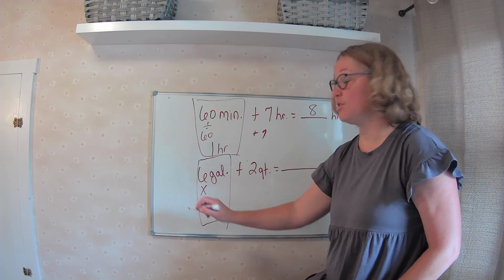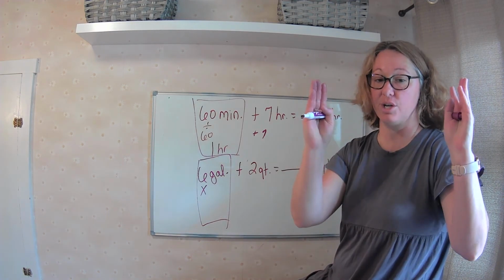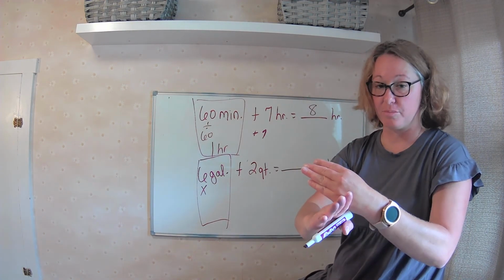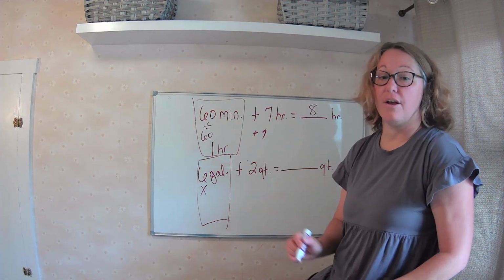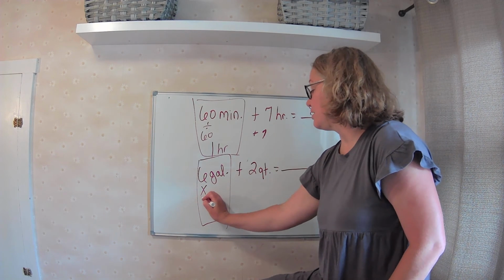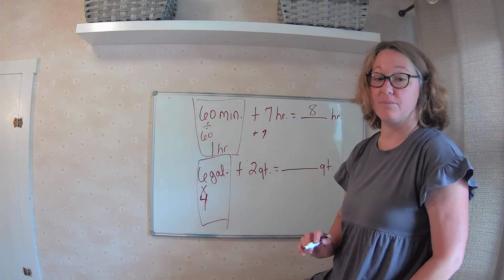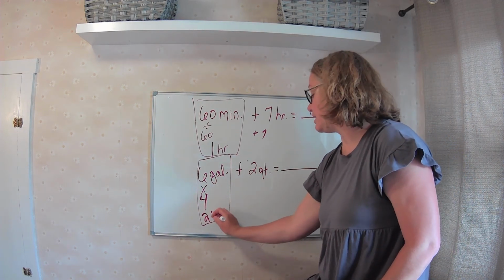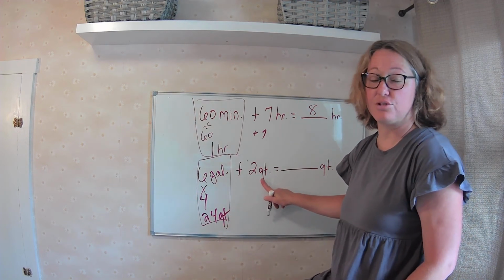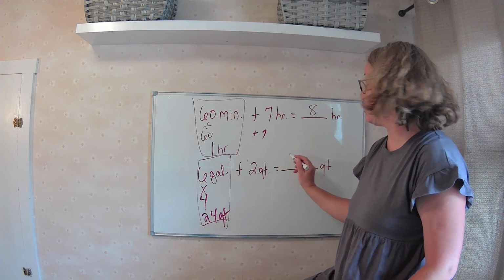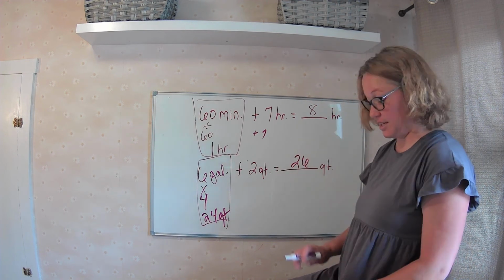Multiply. See, we do that every time. Every time we go large to small, we multiply. There's 4 quarts in a gallon, so we need to multiply 6 times 4, which gives me 24 quarts. Remember, I already have these 2 in quarts, so 24 plus 2 gives me 26 quarts.